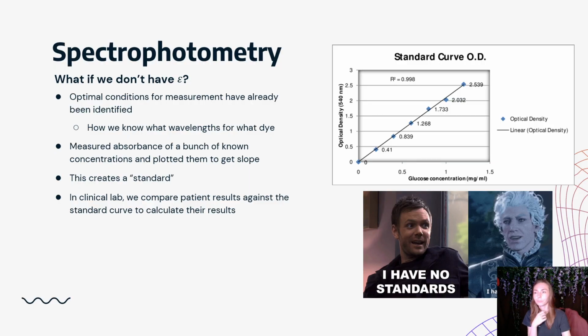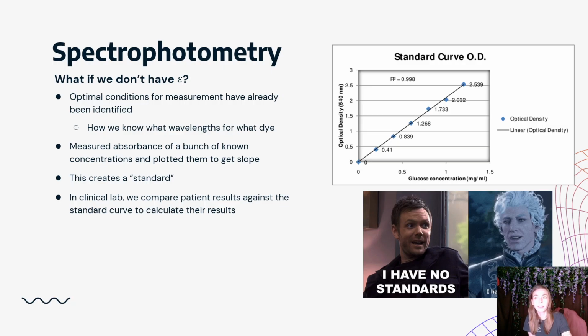Wonderful, right? So we already know, for the most part, what dye correlates with what wavelength. You guys have already learned several of them. For example, what's the wavelength for albumin? What's the wavelength for bromocresol purple? Stuff like that.